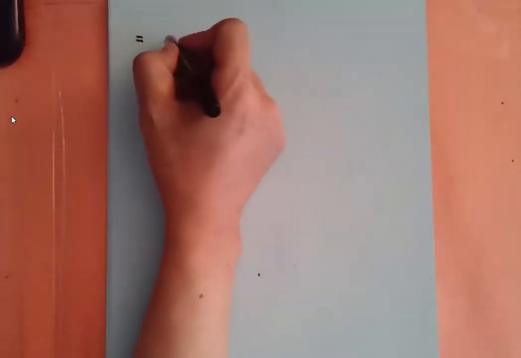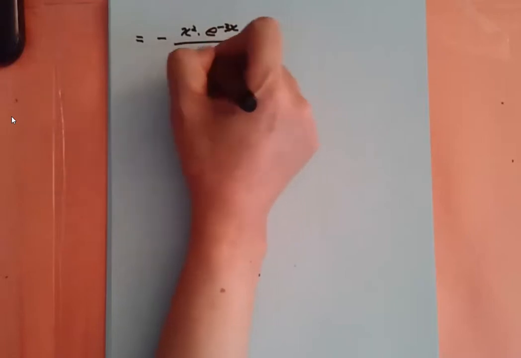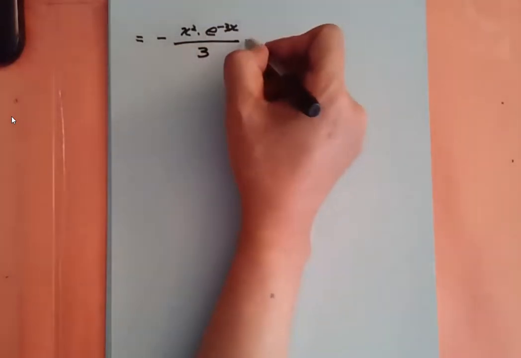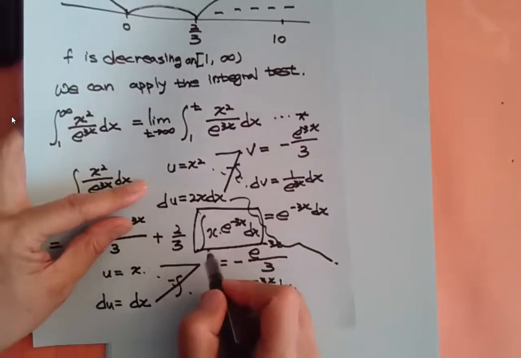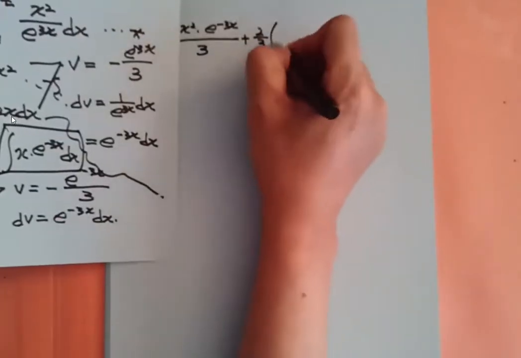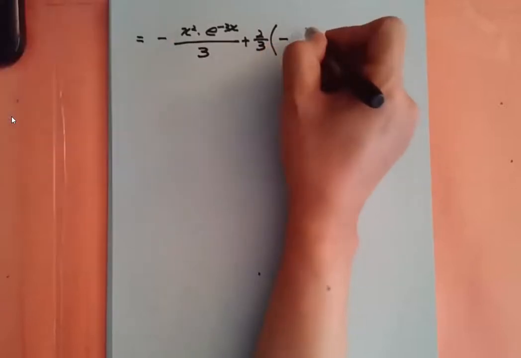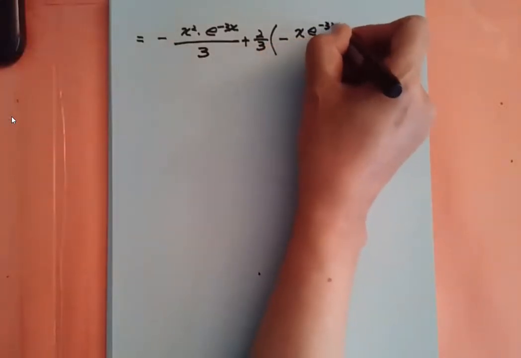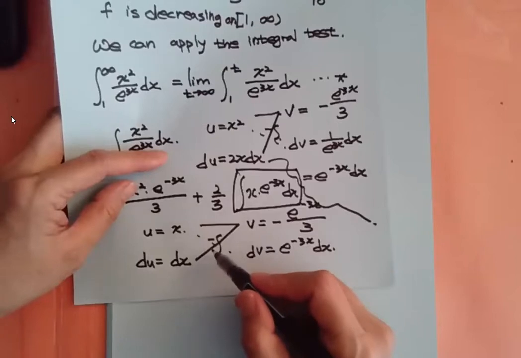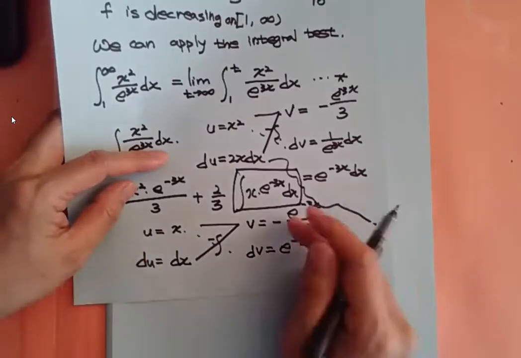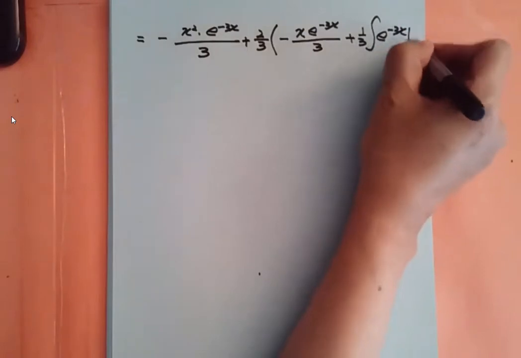So the next one is minus x squared times e to the minus 3x over 3 plus, so we are doing integration by parts for this part, and so we have to put 2/3 open parenthesis, and this one times this one will make minus x times e to the minus 3x over 3, and then again minus will make plus, and this time there is no 2 here, and so 1/3 integration e to the minus 3x dx.